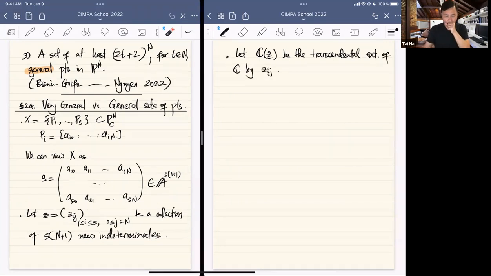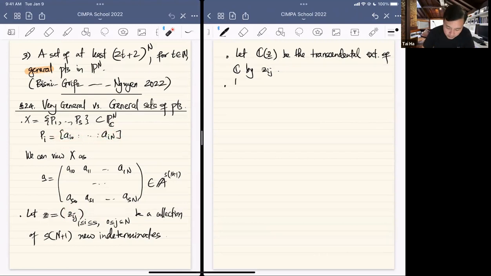So basically I can think about replacing each number here, these complex numbers, by a new variable. So each point here, I can also do the same. I can replace each number here by a new variable.